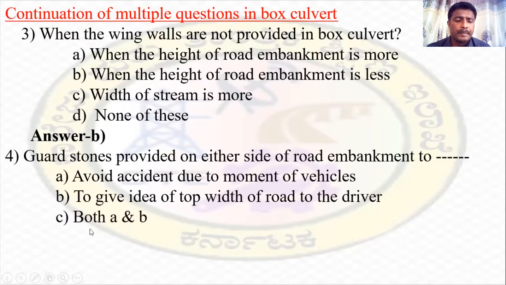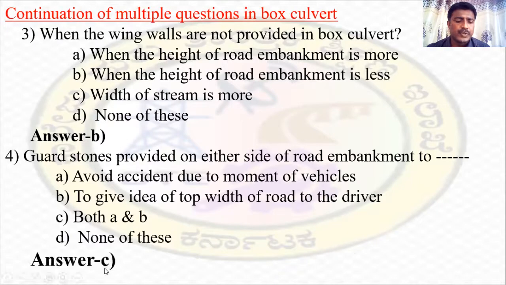Option C, both A and B. Option D, none of these. Answer is option C. Guard stones are provided on either side of road embankment to avoid accident due to movement of vehicles, to give idea of top width of road to the driver. So answer is both A and B.